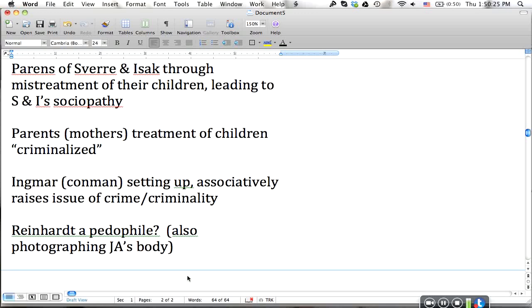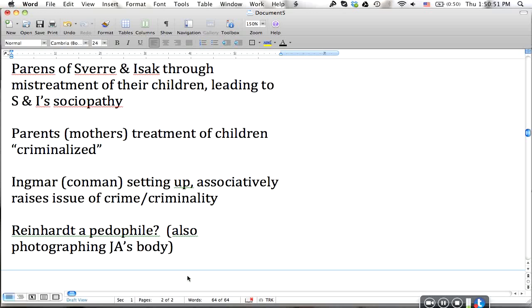So the question is, is Reinhardt like the viewer of those images, obsessed with them because he, like many of us, sees them all the time, right? And so in a sense, his criminality is this kind of prurient interest, this childlike obsession with images of crime and criminality, right?